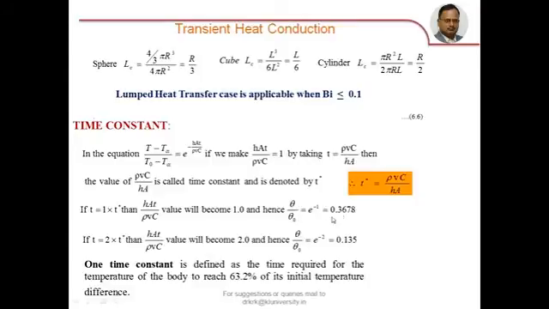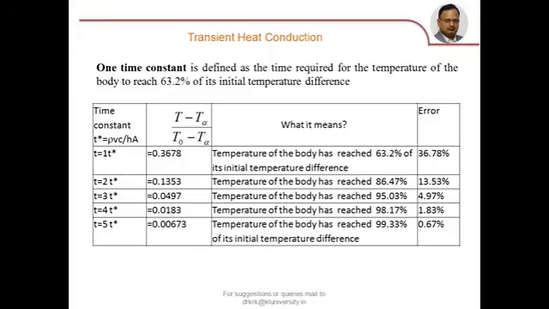So theta is 36.78% of theta naught, or 100 minus 36.78, 63.2%. So it is the time required for the temperature of the body to reach 63.2% of its initial temperature difference. Look at this. We have defined one time constant like this. Time constant T star is rho VC by HA.